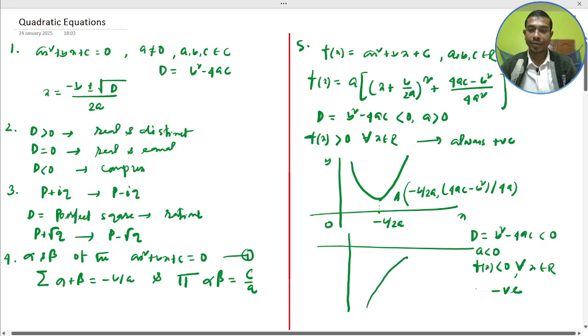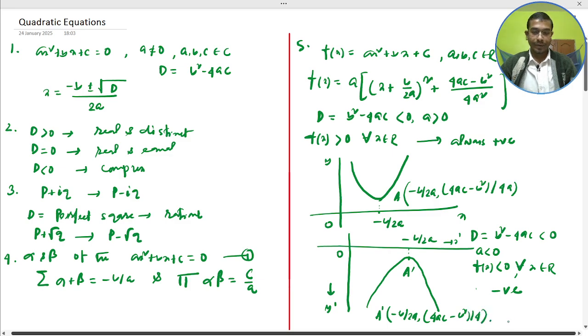So the graph would become this one, and this is minus b by 2a, this is the origin, and here the y dashed and x dashed, and this point A dashed has coordinate minus b by 2a comma (4ac minus b square) by 4a. Next, sign of a quadratic expression.